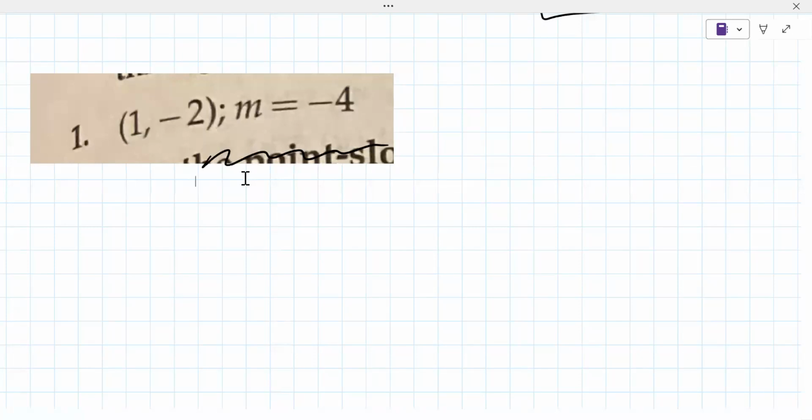And negative 2 plus 4. So would b be 2? So the full answer would be y equals negative 4x plus 2. That's correct. Good.